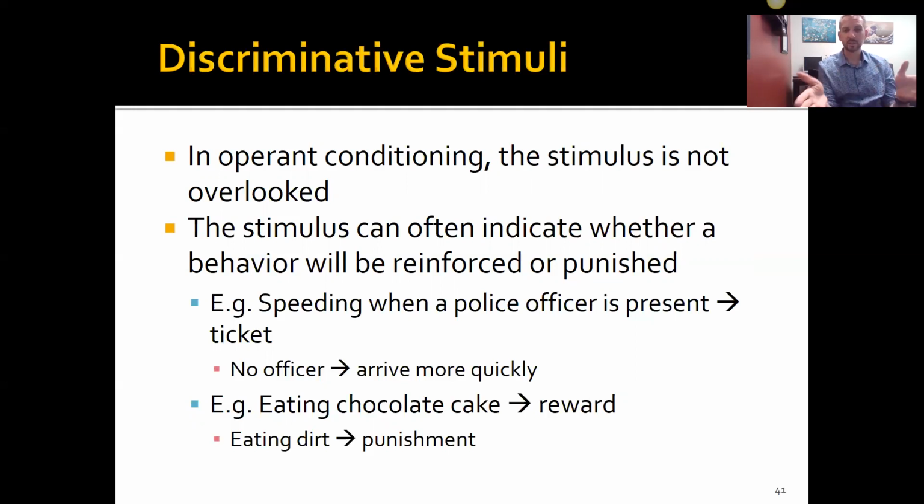Now, eating is another example. You can eat, and the consequence of eating can depend upon, what are you eating? So you can eat chocolate cake, that's going to be pleasant, rewarding, or you can eat dirt, that's not going to be so pleasant. And again, that's about the initial context. What is it that you're interacting with?